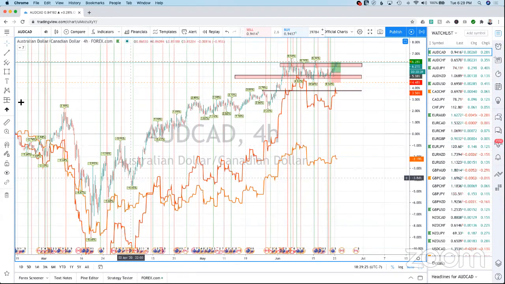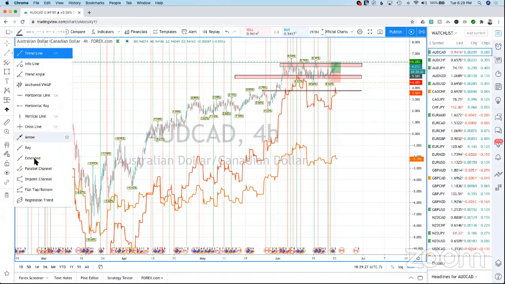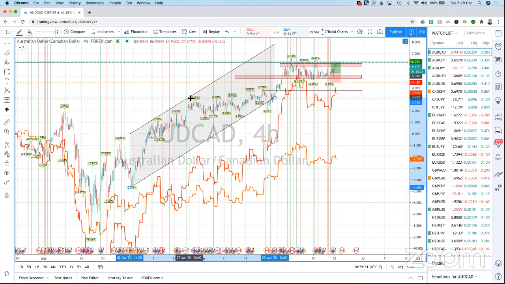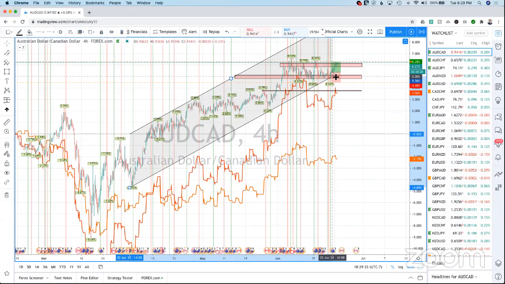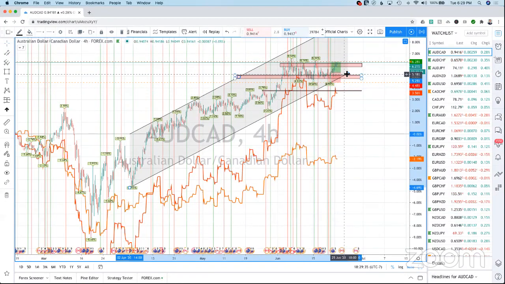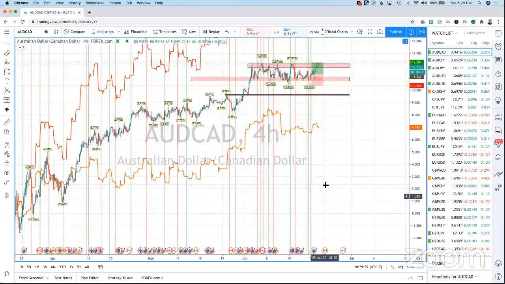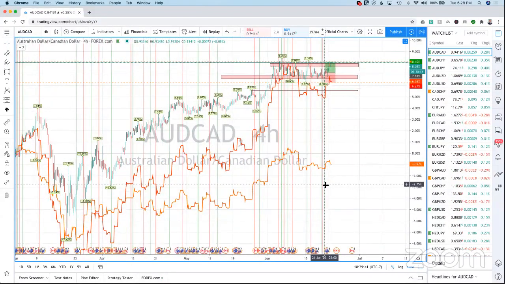So you can see from there, price trended up for a pretty long time right here, and it continued till today. So this is a little bit of a more complex way to identify it, but this is also another way to identify currency strength and use it to confirm the trade that you're entering.